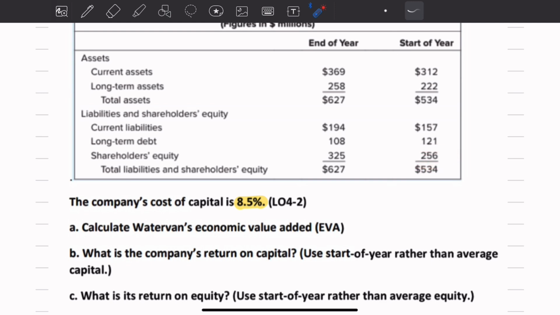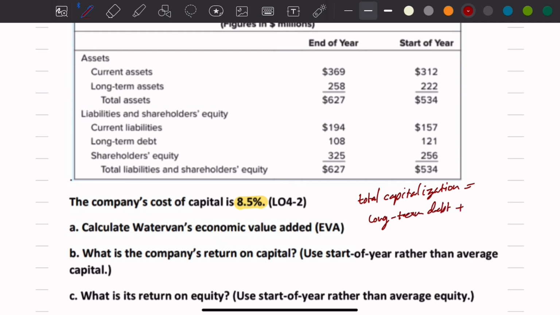I'll write the formula right here for you. Total capitalization equals long-term debt plus shareholders' equity.